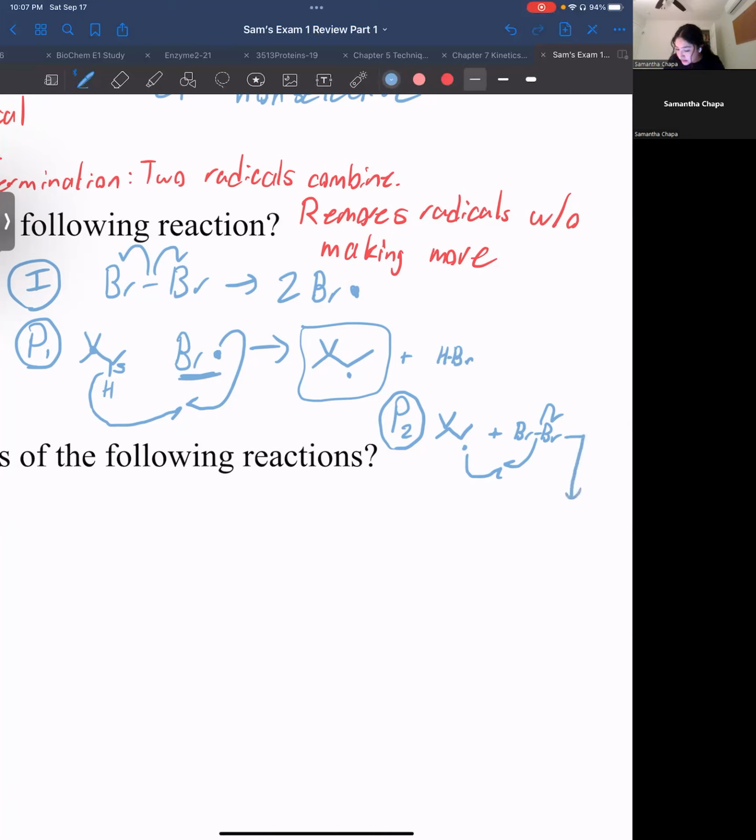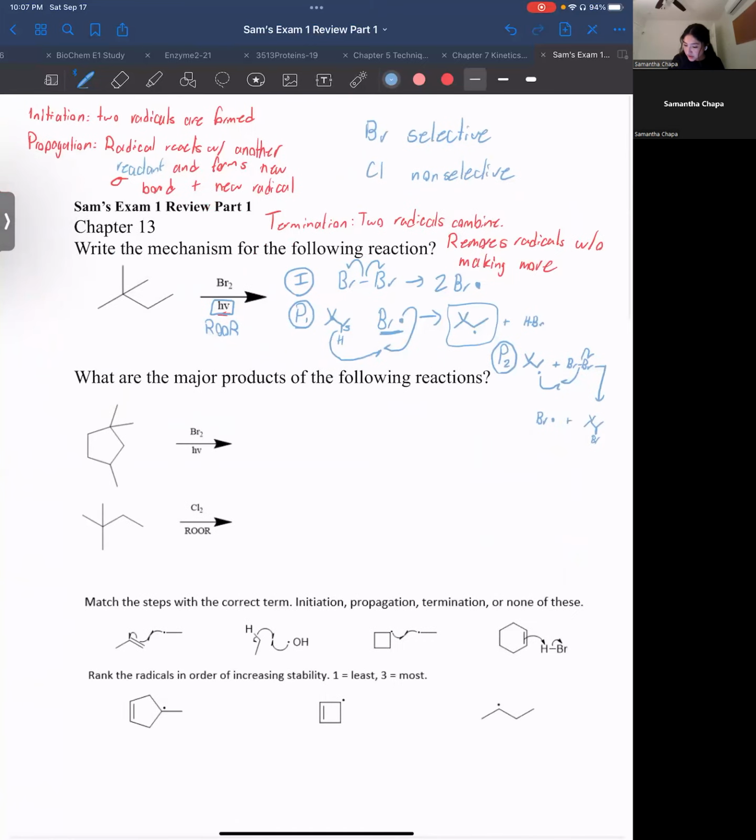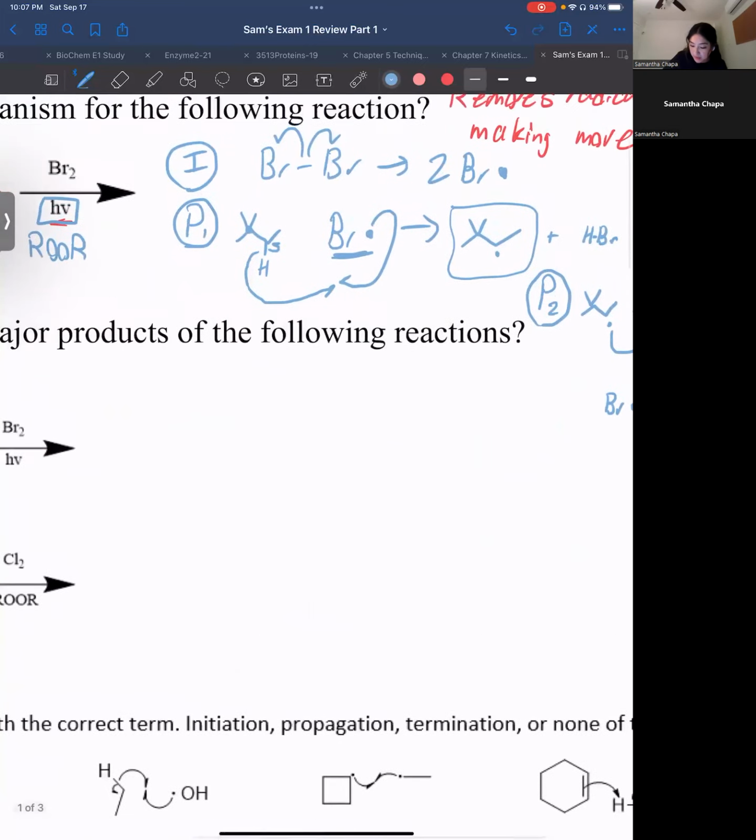I'm going to put my products down here because I didn't fit anything right. Bromine radical plus a new alkyl halide. There, you made a new sigma bond, which is this one right here, and a new radical, which is the bromine radical. So you got your 2 propagation steps, and I'm going to need 2 termination steps as well.